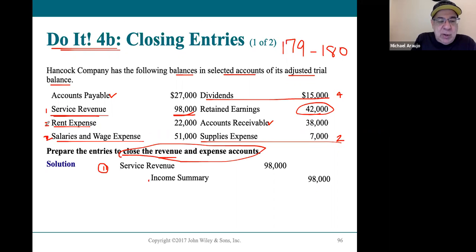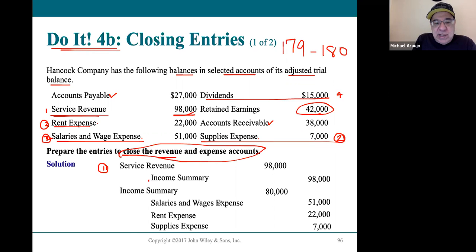Step 2 is we close the expense accounts. Now there are 3 of them: the rent expense, the salaries and wages expense, and the supplies expense. Each individual expense account needs to be closed to 0, but the total expenses are going to go with income summary. So the total expenses are actually $80,000, which is the salaries and wages expense, rent expense, and supplies expense added together.